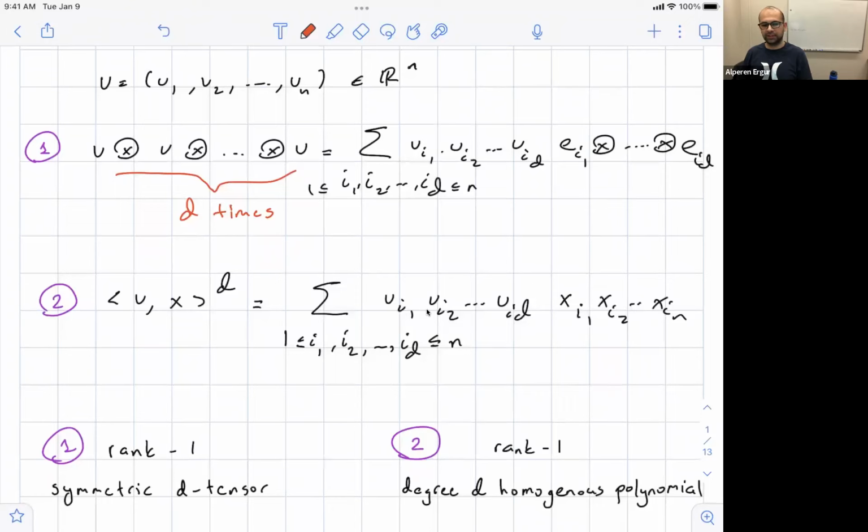The second one is a degree d polynomial. The first one is a degree d symmetric tensor. I tried to write it down. So the first object is a rank 1 symmetric d-tensor, and the second object is a rank 1 degree d homogeneous polynomial. If you want to talk about symmetric tensor rank over the reals, the first object is your atomic object.